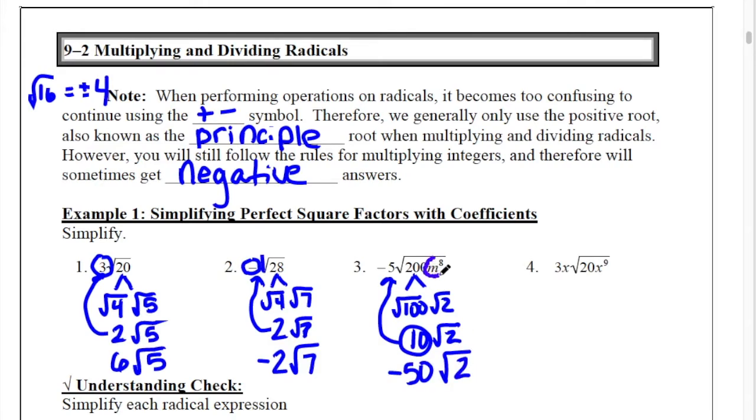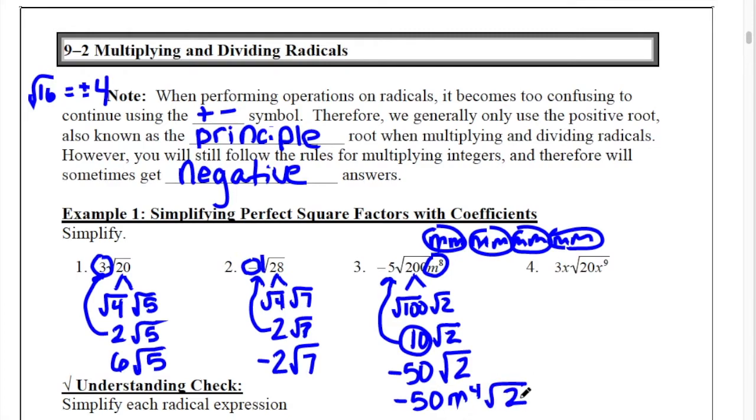And then we have m to the 8th, so remember that that's 1, 2, 3, 4, 5, 6, 7, and 8. So pairs get to move out, so we have 4 m's that get to move out. So that actually becomes negative 50 m to the 4th root 2.